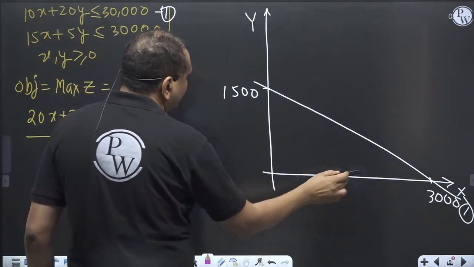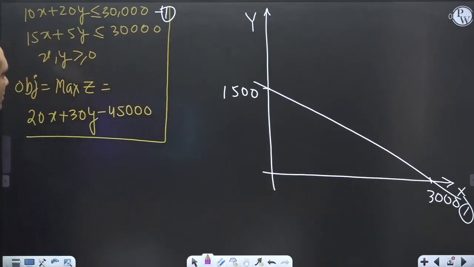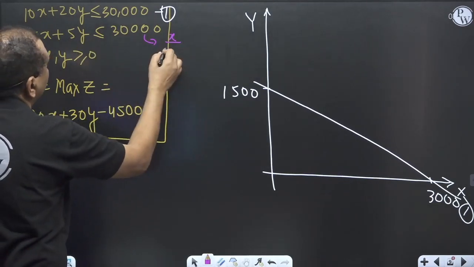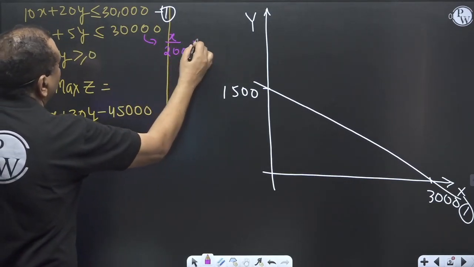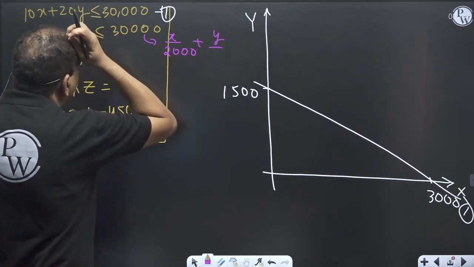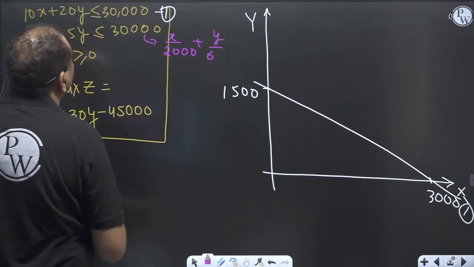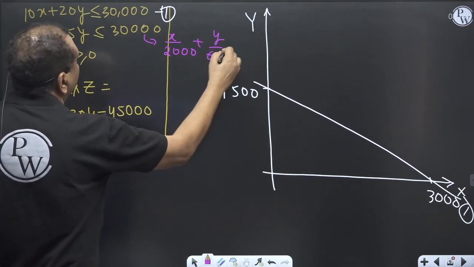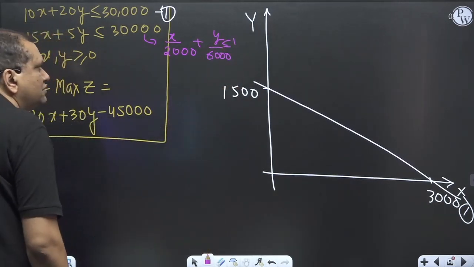Same thing I am doing, whatever we learned before. This is x divided by 2000 plus y divided by 6000 less than or equal to 1.